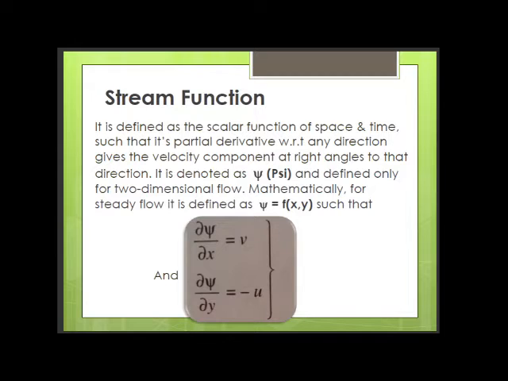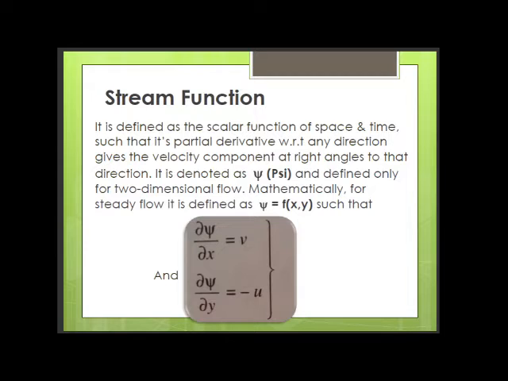In the velocity potential function we take the negative derivative with respect to any direction, but here the partial derivative with respect to any direction gives the velocity component at right angles to that direction. The stream function is denoted by psi, whereas the potential function is denoted by phi.